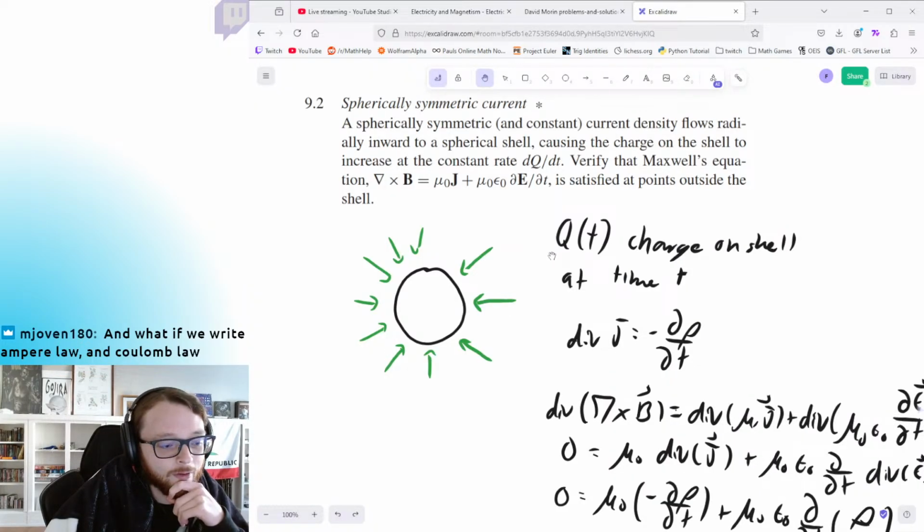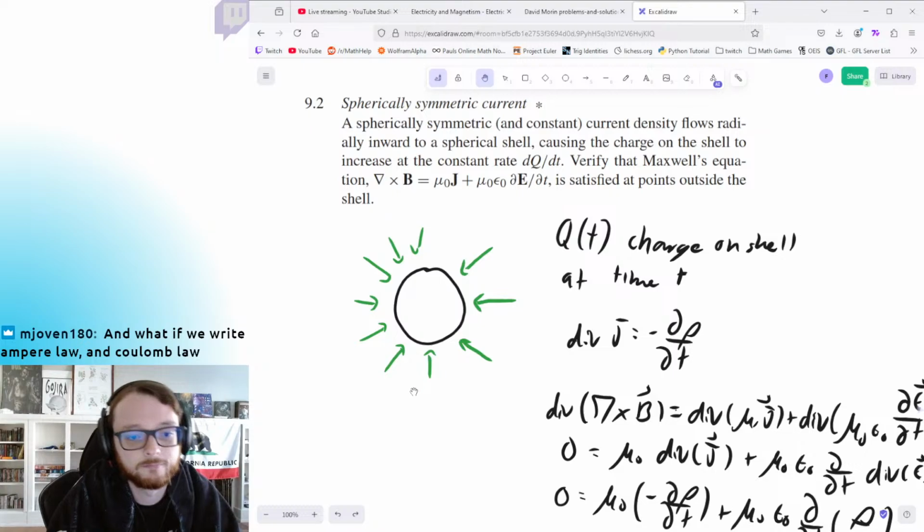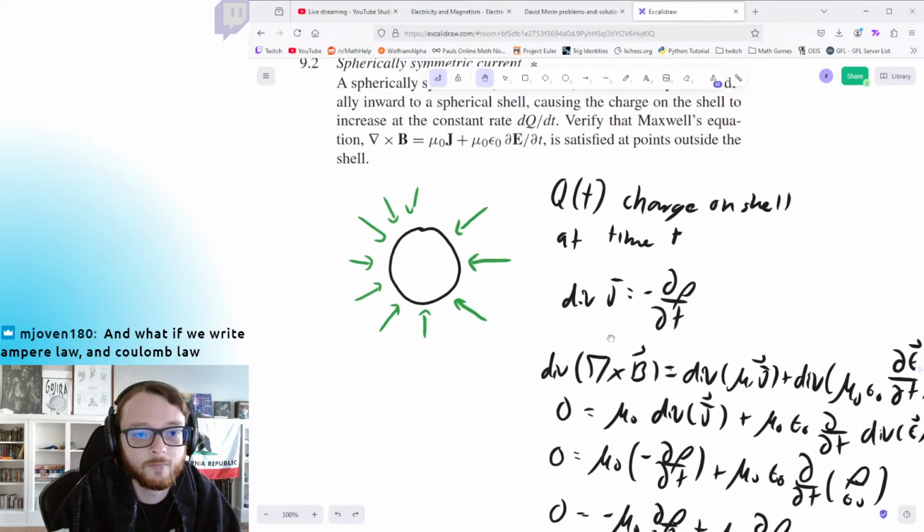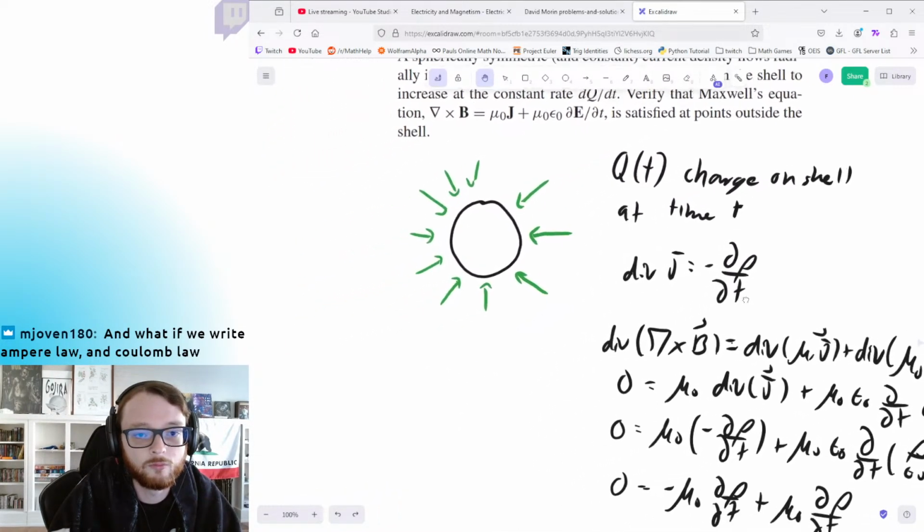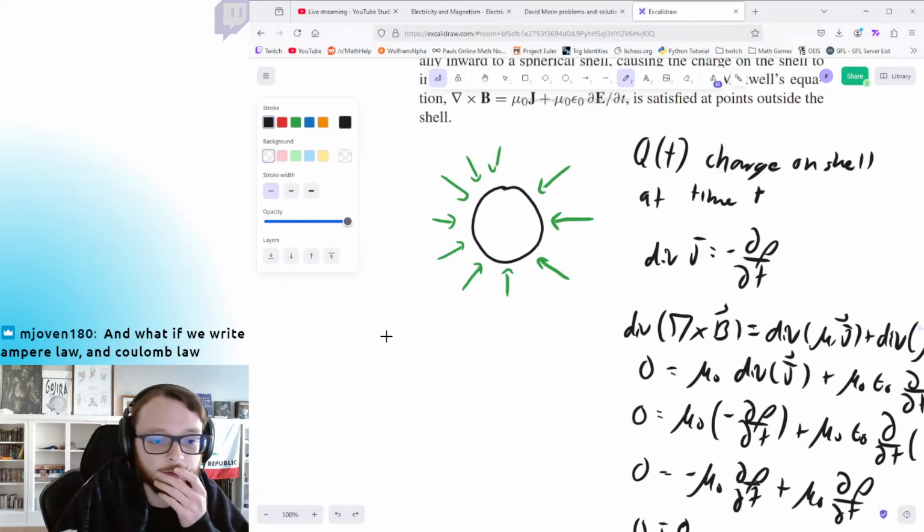What if we write Ampere's law and Coulomb's law? Oh, that's a thought. Well, Ampere's law is just the first part of this equation, right? Del cross B is mu naught J. And then I assume Coulomb's law may want the differential form of Gauss's law.